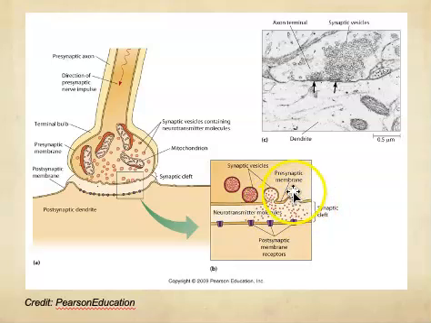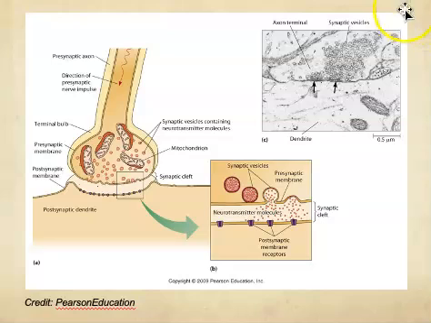The neurotransmitter is going to travel across the synaptic cleft and it's going to bind to these postsynaptic membrane receptors. In some instances, that binding event is going to regenerate action potential. Those are considered EPSP, excitatory postsynaptic potential. Or the binding event will cause an IPSP, inhibitory postsynaptic potential.